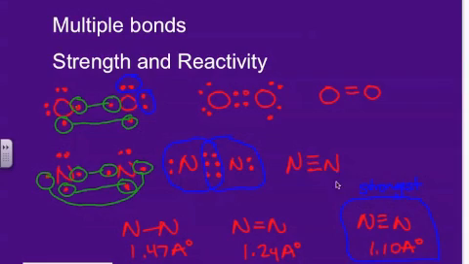However, even though it's hard to get through all 3 of those bonds, this also is the most reactive or unstable, because the third bond is going to be much more reactive than, say, a single bond by itself.